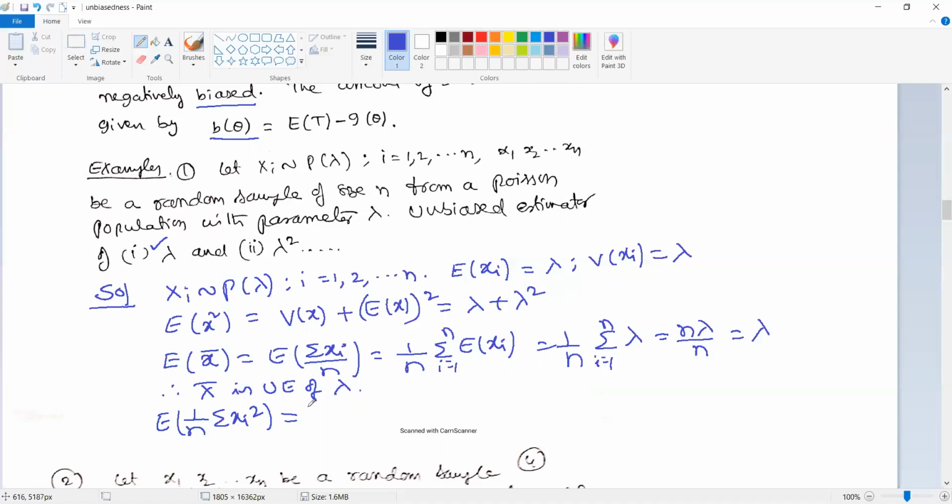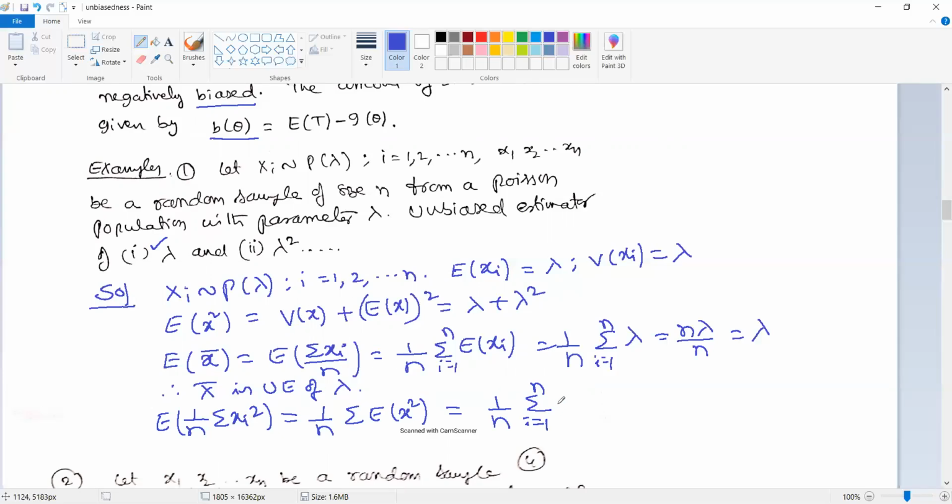This function gives an unbiased estimator of lambda square plus lambda. Taking 1 by n outside, summation E of Xi square, i is equal to 1 to n.